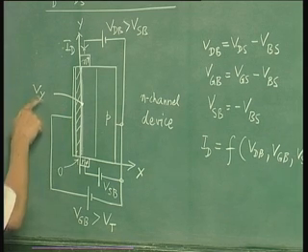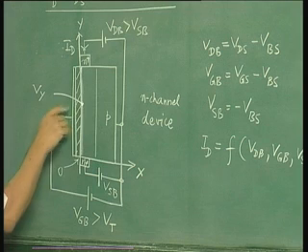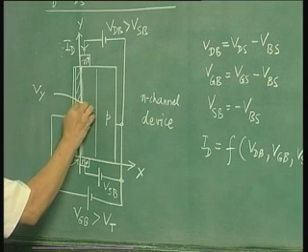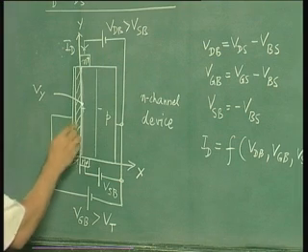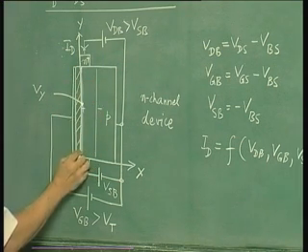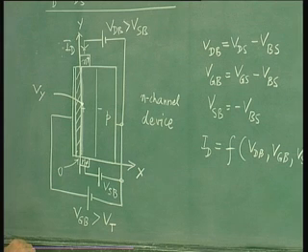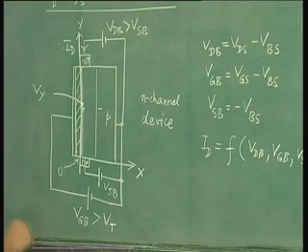Please note that all voltages are referenced with respect to the bulk. So Vy is the voltage between this point, channel here, and the bulk. Now obviously when Vy is changing, your depletion layer will not be uniform and your inversion charge will not be uniform. Now we want to determine how the depletion and inversion charges change.